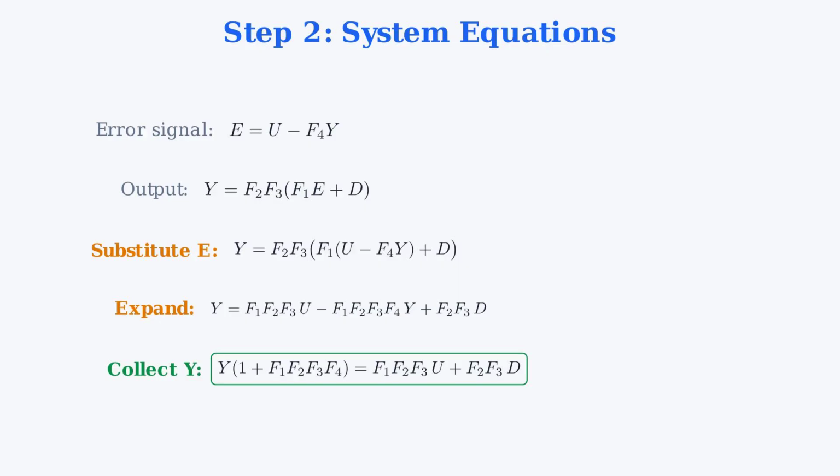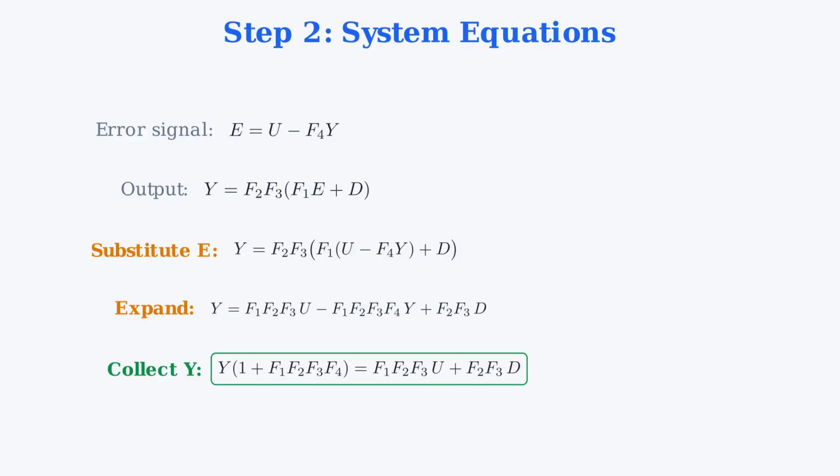Now substitute E equals U minus F4 Y. We get Y equals F2 F3 times the quantity F1 times U minus F1 F4 Y plus D. Expand.